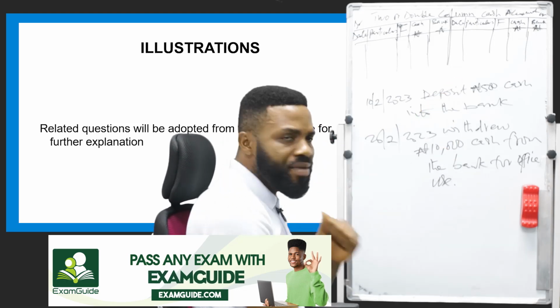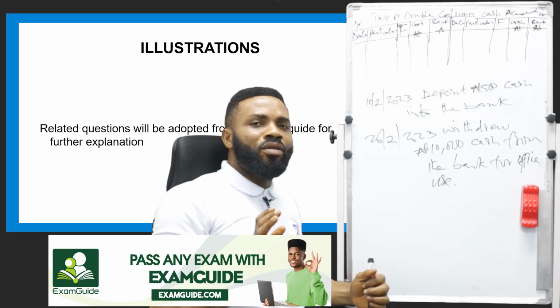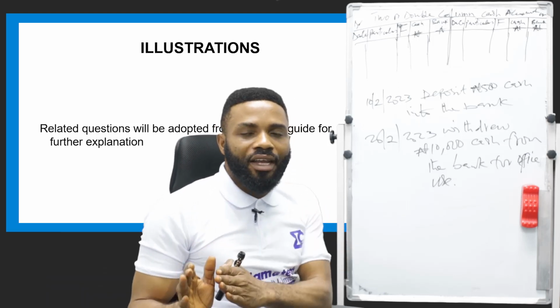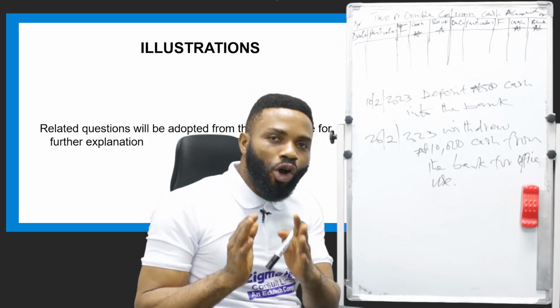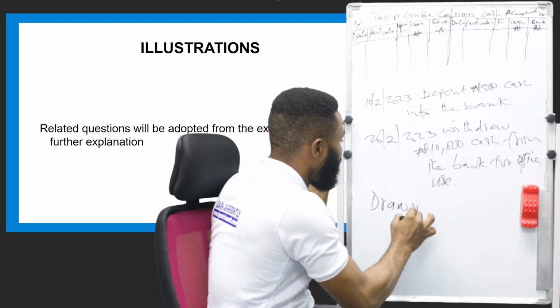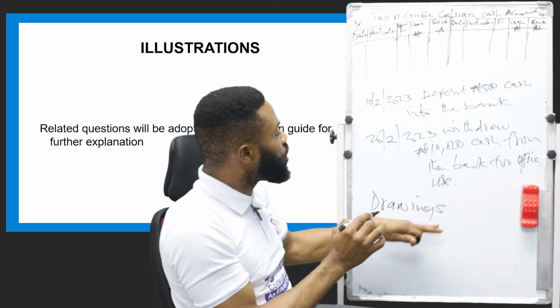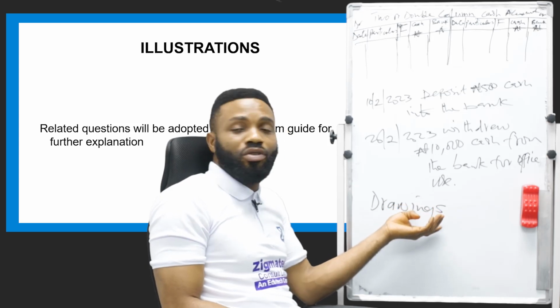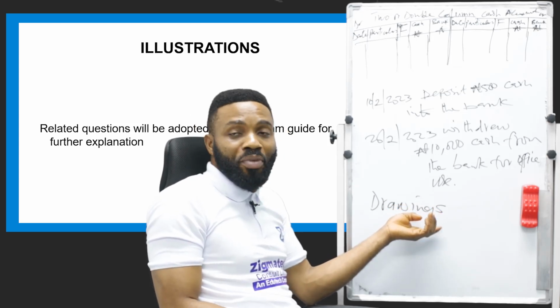But then let me explain something. You know, students find it very difficult to differentiate between contra entry and what we call drawings. The difference is that drawings has to do with going to the bank to withdraw money for personal use.